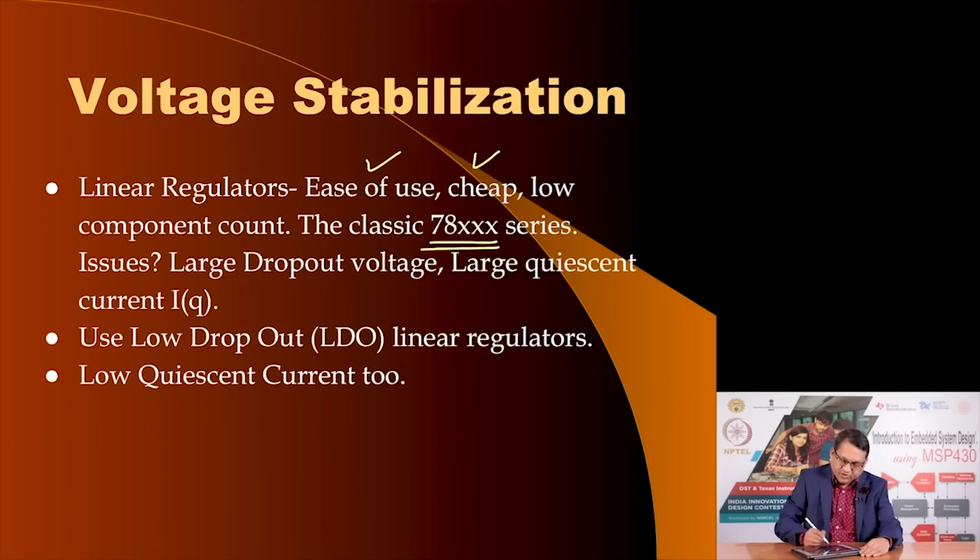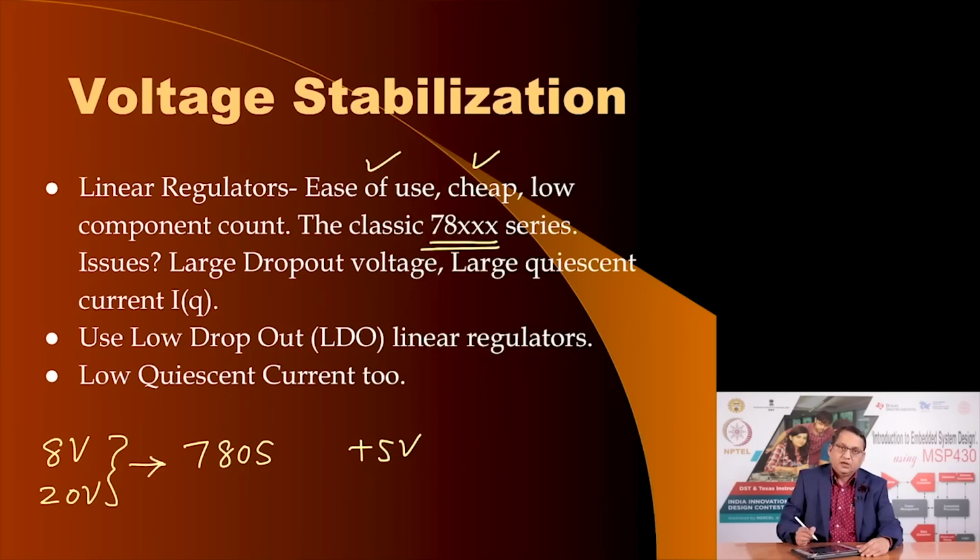For example, you may have used a 7805 in your electronic circuit design, and this provides a plus 5 volt power supply when the input could be anywhere from 8 volts to more than 20 volts. So, you can provide this as the DC voltage, and this regulator will give you 5 volts. And there are many other output voltage options available. 5 volts is one of them.